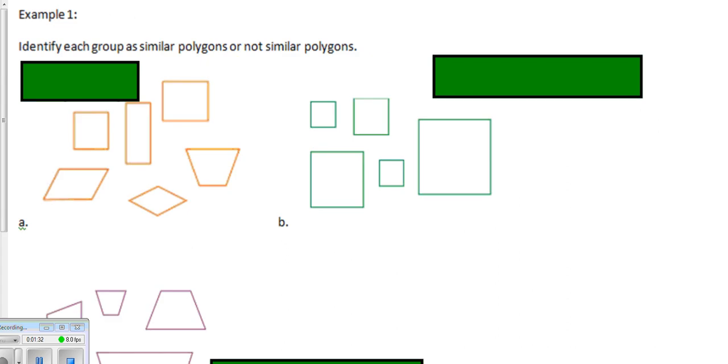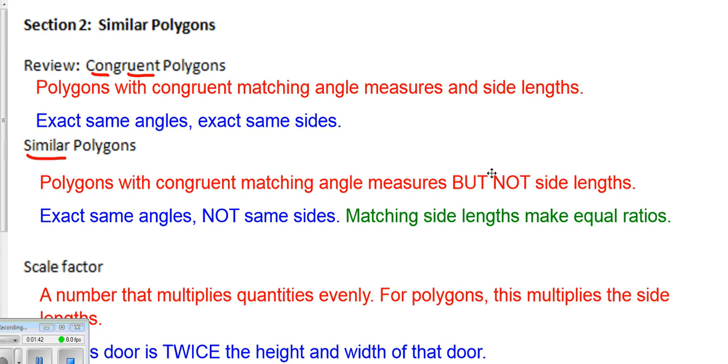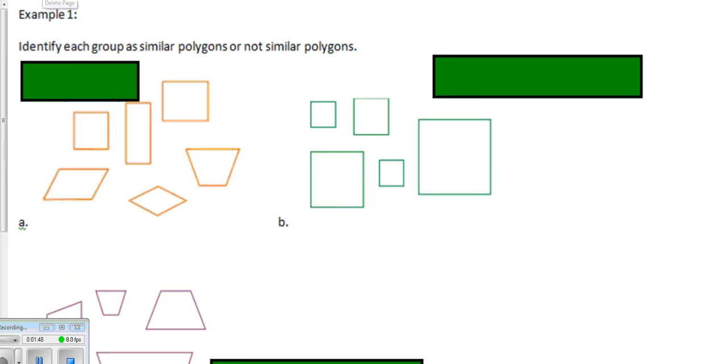So let's look at an example here of identifying each group of figures, or the polygons, as similar or not similar. Now remember, similar means they have matching angle measures, but not the side lengths. So it's like they're the exact same shape, but different sizes. Group A here, they're all quadrilaterals, so they all have 4 sides.